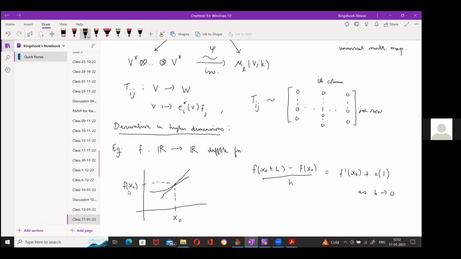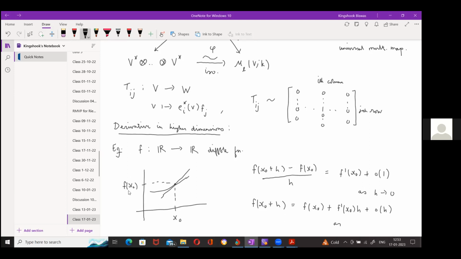All right. So if I multiply by h and rearrange terms, what that means is that f of x naught plus h is equal to f of x naught plus f prime x naught times h plus a term h times little o of 1, that will give me a term which is little o of h, right?